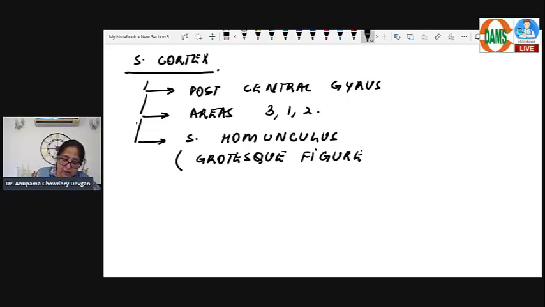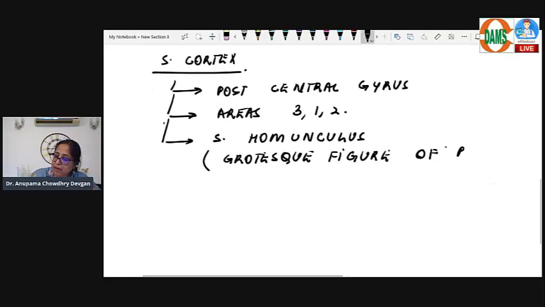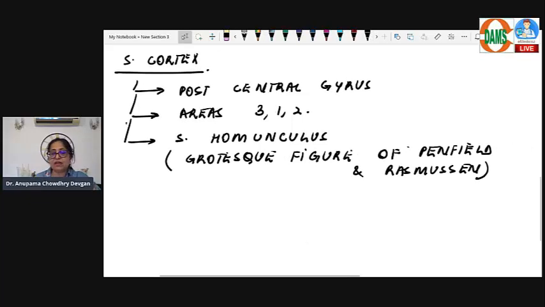Grotesque figure of Penfield and Rasmussen. What is a sensory homunculus? The complete body is represented in the sensory cortex.